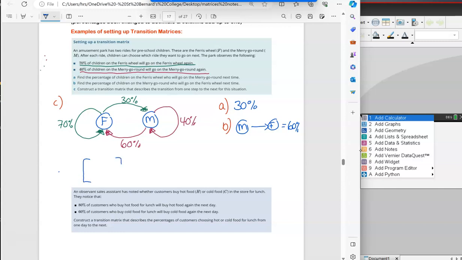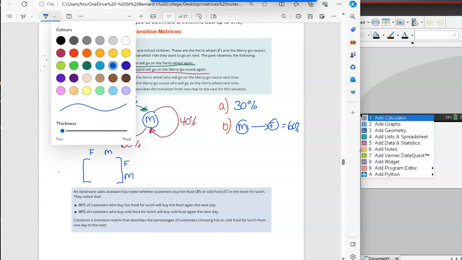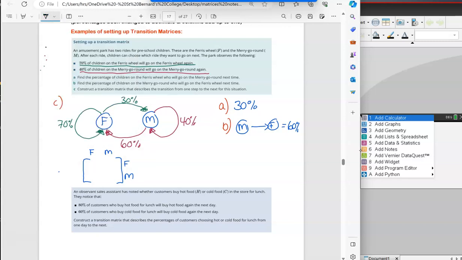So we still have to construct a transition matrix. If I write Ferris and Merry that way, I have to write Ferris and Merry going down that way. And then if I look, I've got Ferris to Ferris was 70, so I need to change that to a decimal. And Merry to Merry was 40.